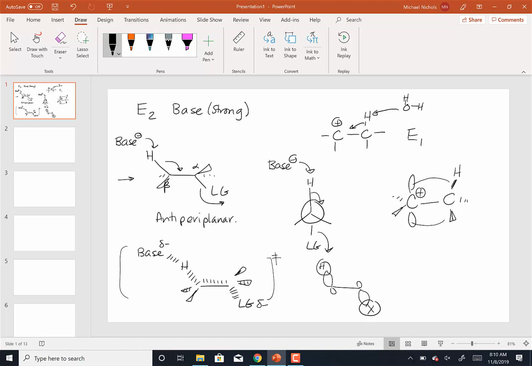When we go to the transition state, those two orbitals, oriented this way, are going to have to slide up and become parallel to overlap and form the double bond. As the hydrogen gets pulled off and the leaving group leaves, those orbitals will slide up and become p orbitals, and one p orbital will have a pair of electrons and the other p orbital will be empty, so that they can overlap to form the double bond.